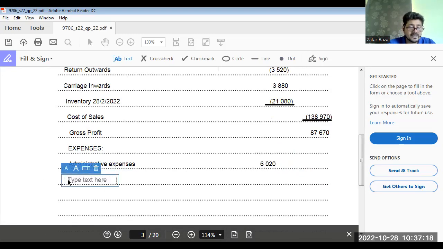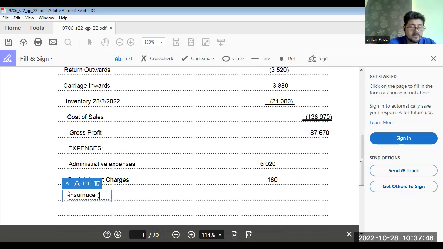Then bank interest charges, 180, I think. Yes, 180. Then insurance.